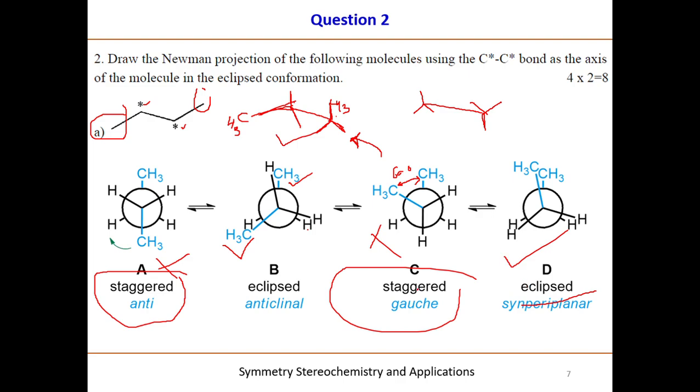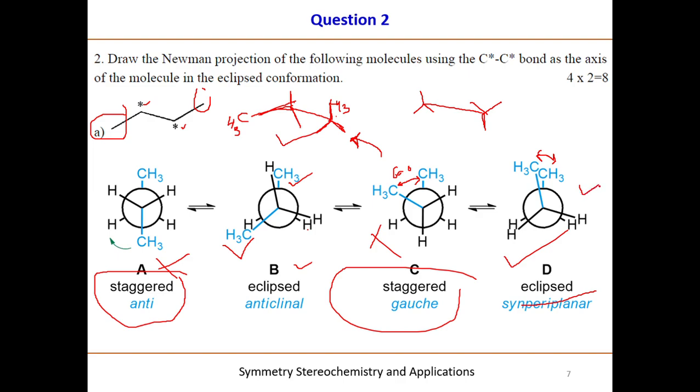So in this B and D, B is more stable and D is also an eclipse one, but has high energy, because here the CH3 interaction will be higher. Energy of this interaction will be higher compared to the hydrogen and CH3 energy. That's why it is less stable. High energy means less stability.